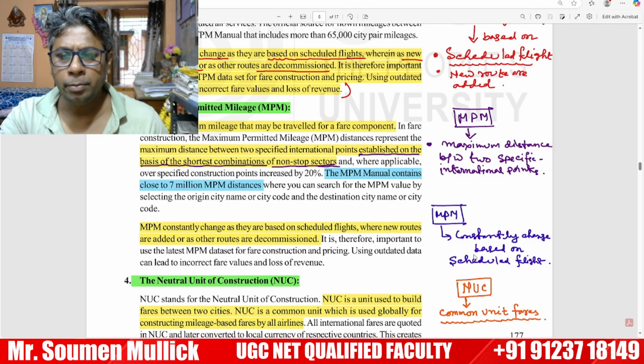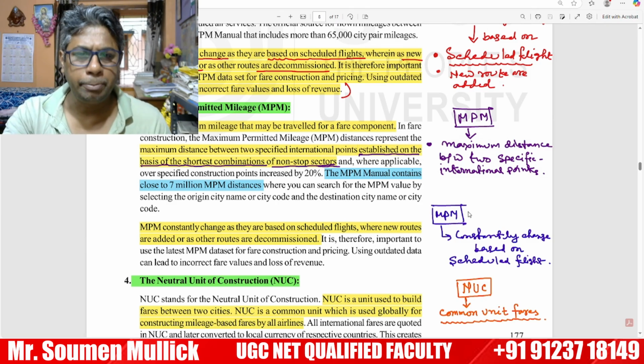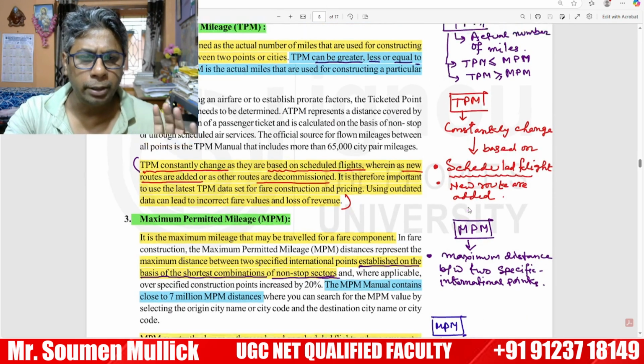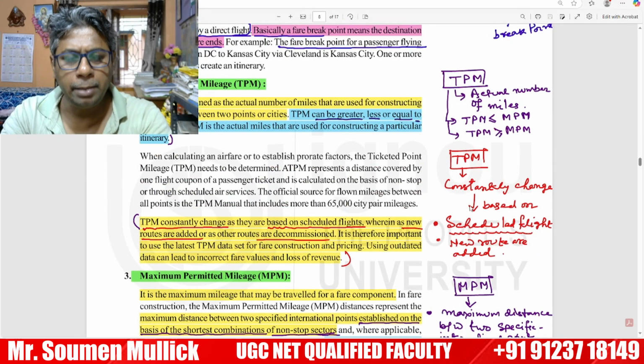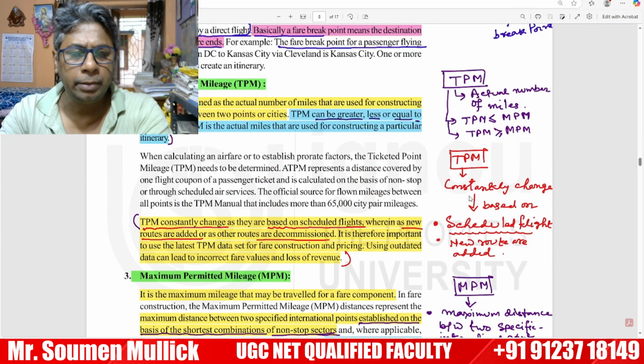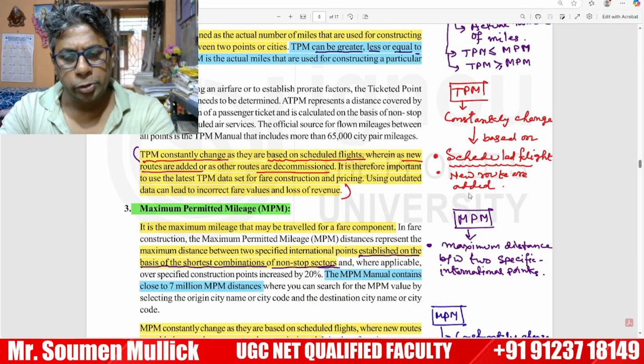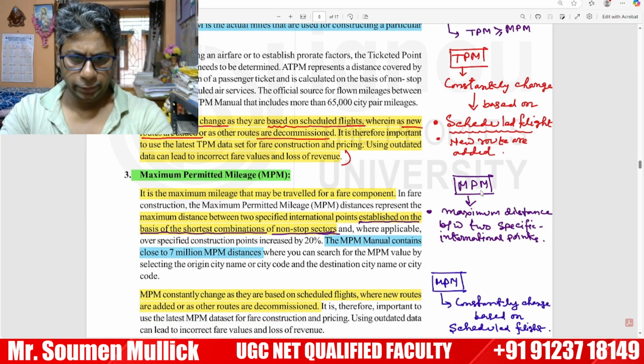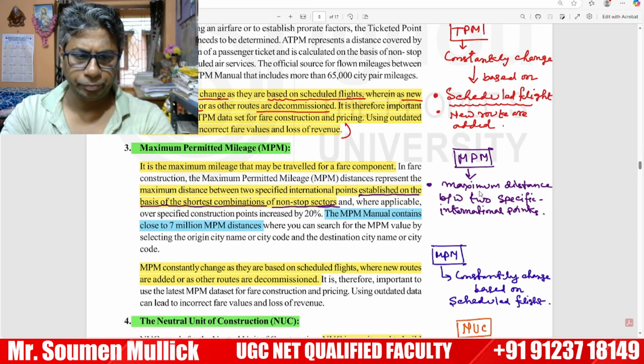TPM and MPM, these two points, constantly change according to air schedule, new routes, etc.